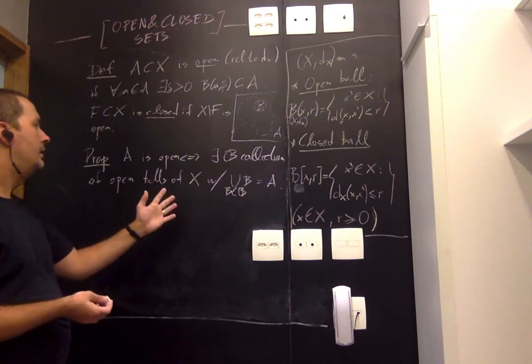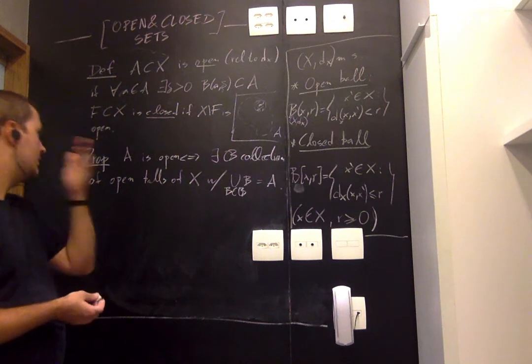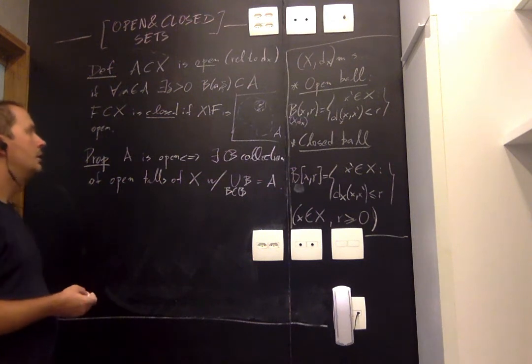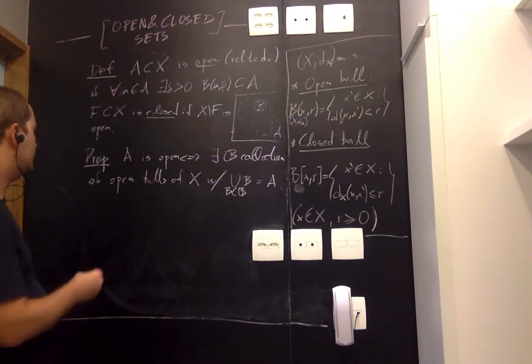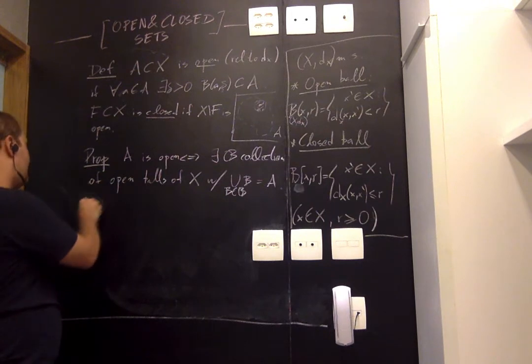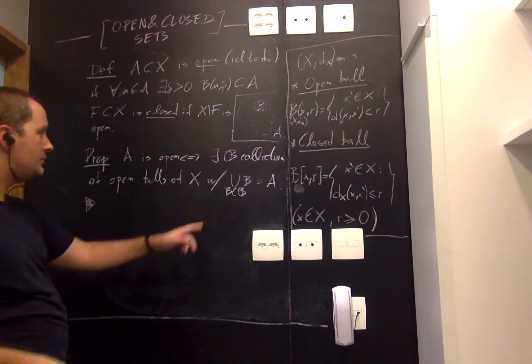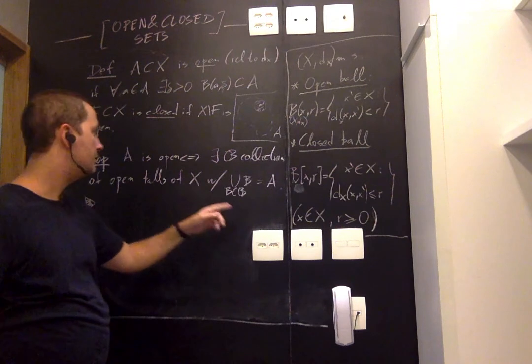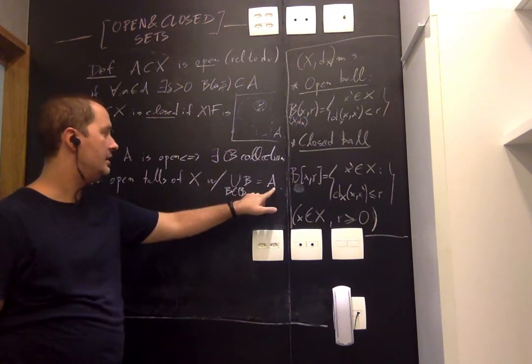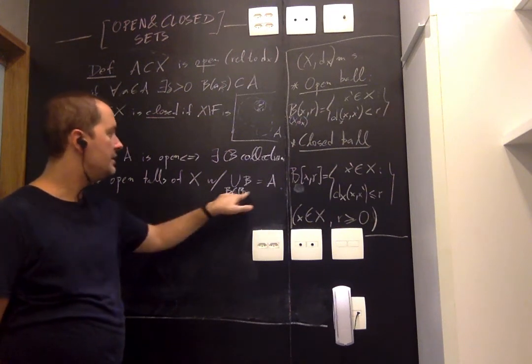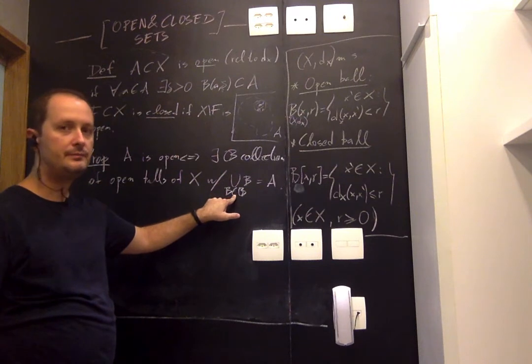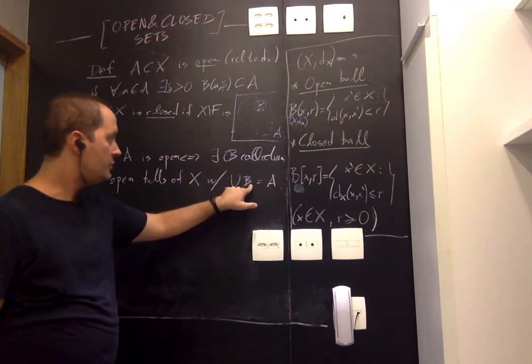Why is this proposition true? Let's do some sort of reverse engineering. Suppose I tell you that a set A is a union of open balls. Which open balls should you take?